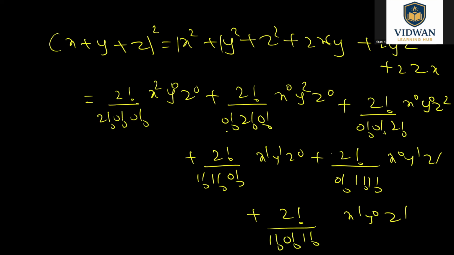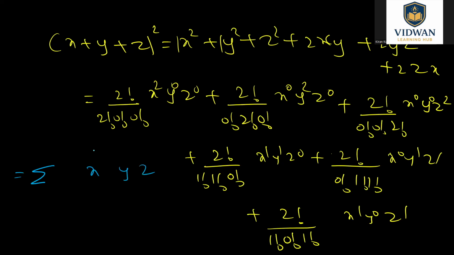So in all the terms, what you can observe is that the sum of the powers of x, y, z is equal to the index. And in the coefficient for every term, what did you write? The factorial of the index divided by factorial of the powers of x, y, z. So instead of writing this addition, you can just write that in short form. What is the short form? You can just put a sigma, and x, y, z will have some powers.